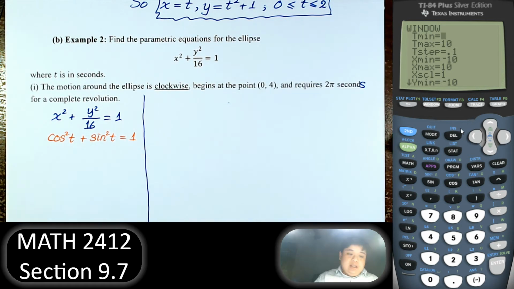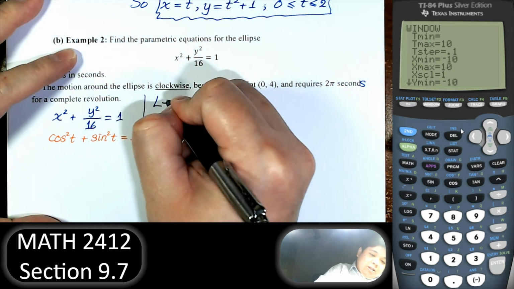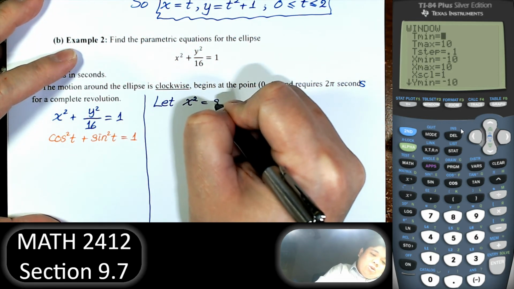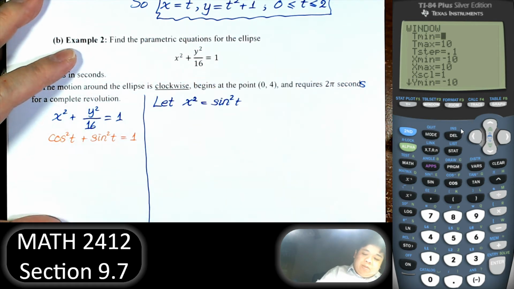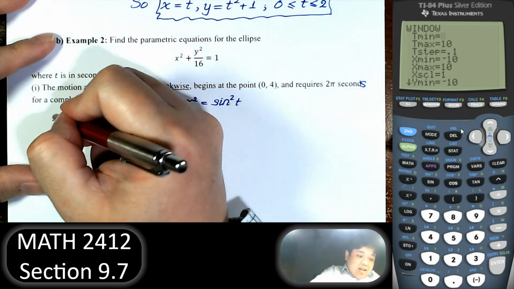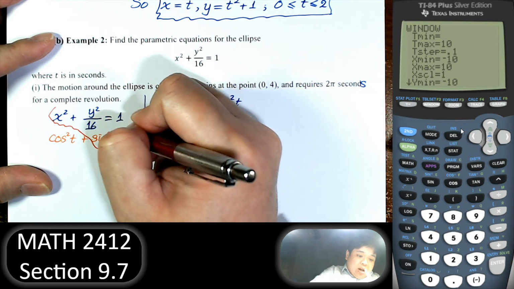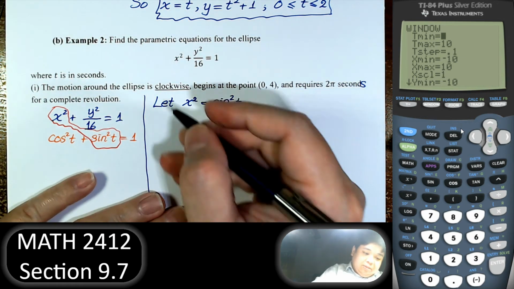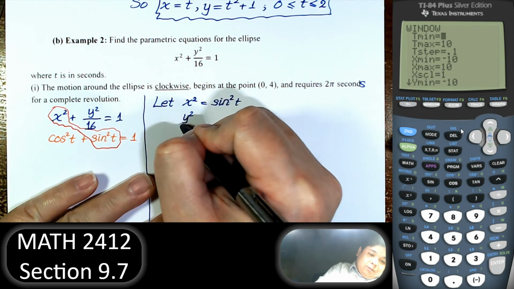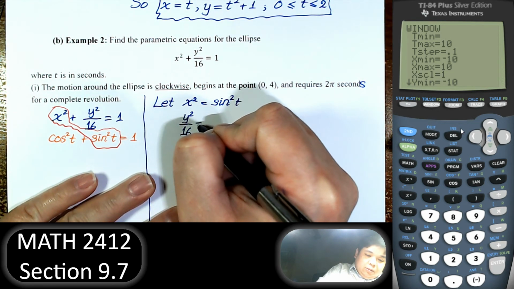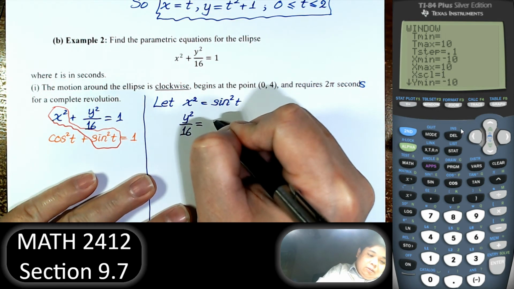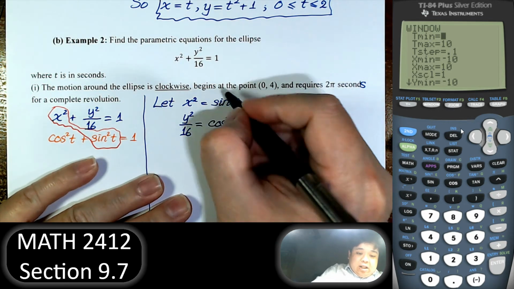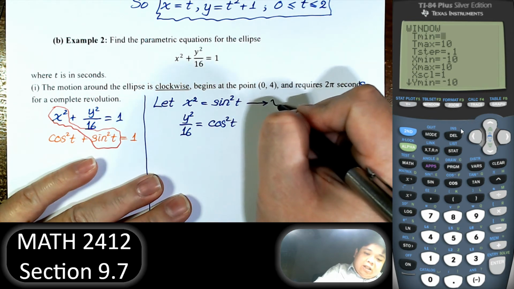So in that case, we will let x squared equal sine squared, right? Instead, we match x squared with sine squared, and cosine squared equals y squared over 16. Then take the square root on both sides. x equals sine t.